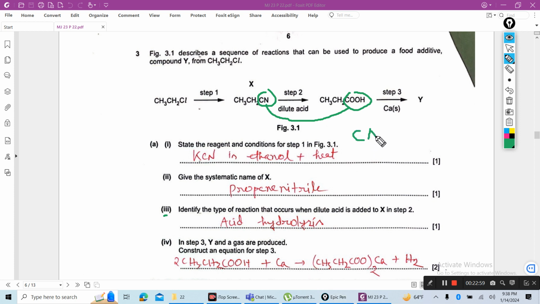Any CN group, if you do acid hydrolysis, H plus means acid and water mix, the cyanide group is converted to carboxyl group. This reaction is known as acid hydrolysis. So propane nitrile is converted to propanoic acid. This is acid hydrolysis reaction.